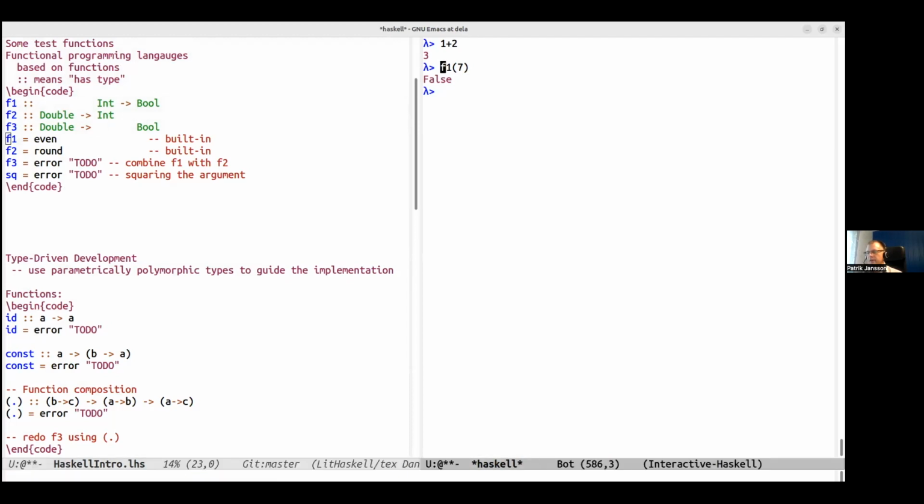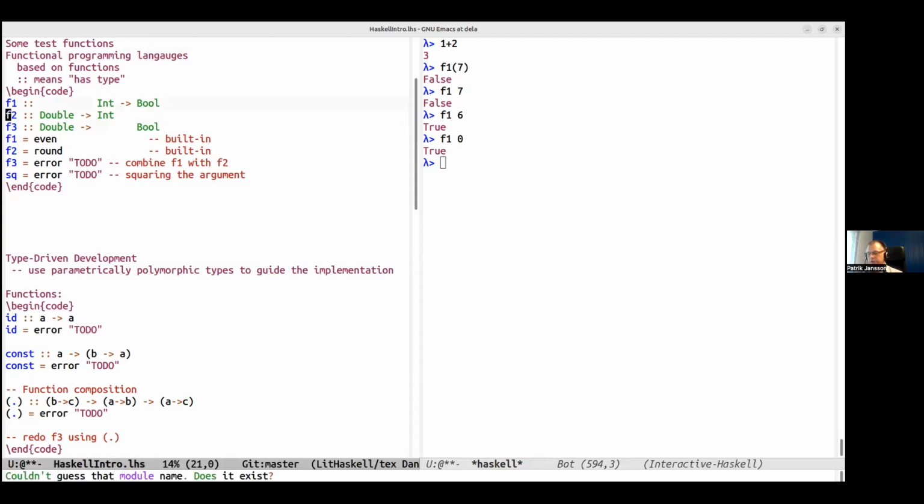I wrote F1 parentheses 7 end parentheses because that's the usual way functions are written in math books. But function application is so common in Haskell that you don't actually have to write the parentheses. So F1 of 7 works just as well. And if we try F1 on 6, then it says true, not very surprisingly. 0 is also true, and so on.